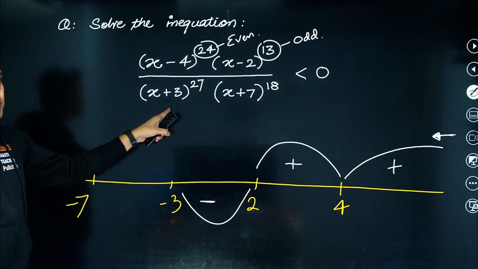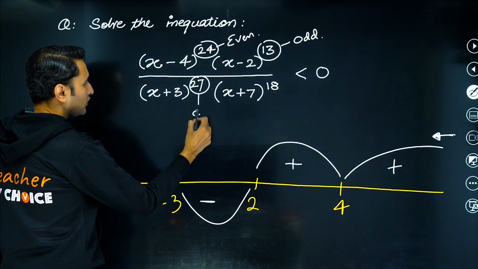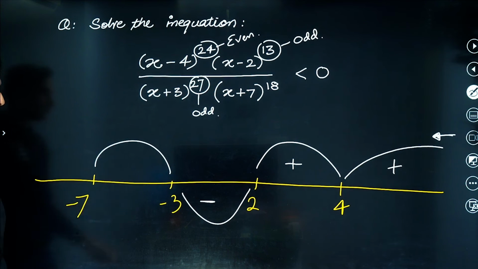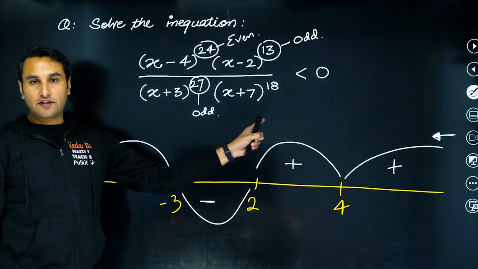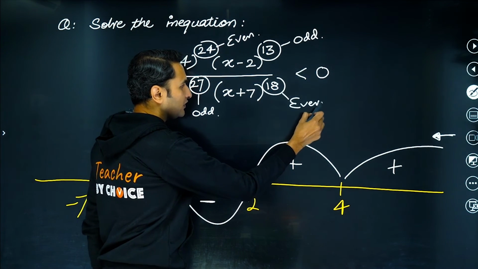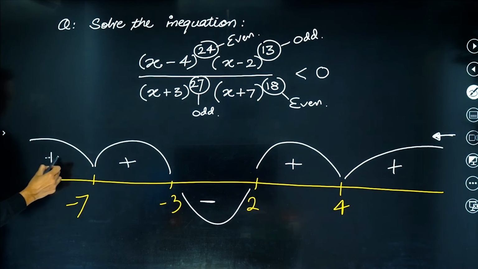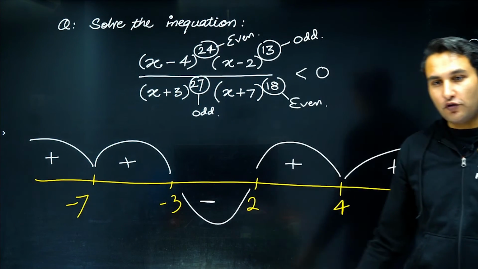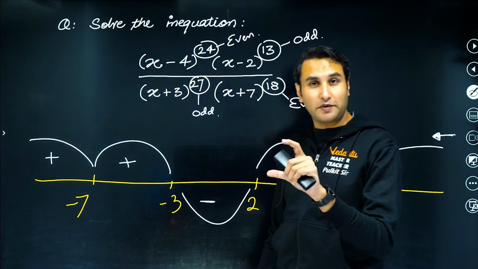Its power is odd, so the sign will change. Now, minus 7 comes because of this factor. The power is even. If the power is even, the sign will continue. That's it. Simple. If you have any doubt, please revise it from this lecture by replaying it again and again.